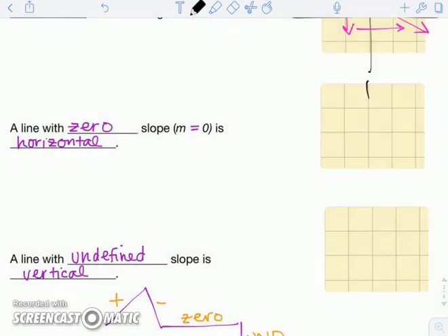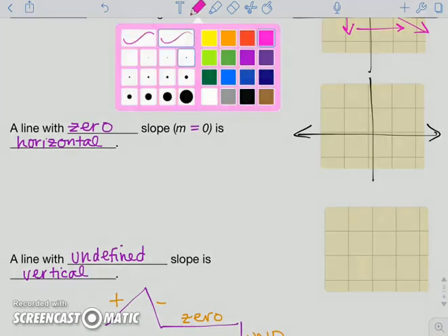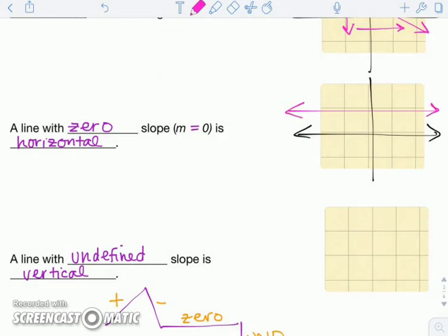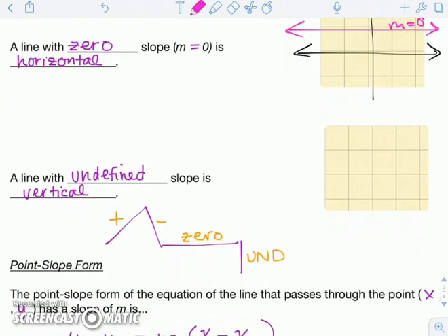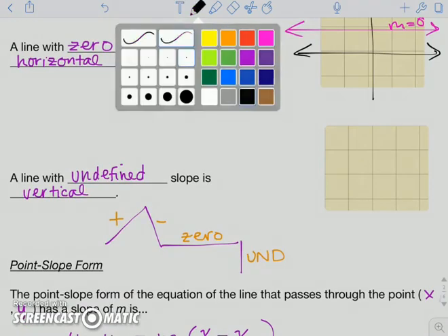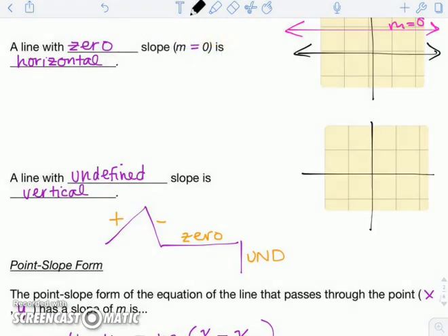And that's any horizontal line. Horizontal meaning goes across. So a horizontal line has a slope of 0, just a straight horizontal line. And then the last one is a slope that's undefined, and that would be any line that is vertical.